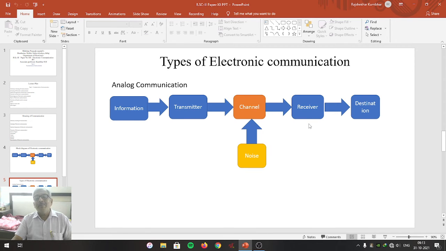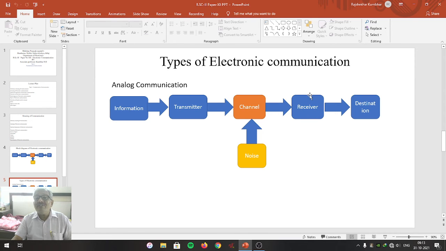In the receiver, the signal is again amplified. It is detected through the receiving antenna. It is demodulated, meaning the carrier wave is separated from the original signal.